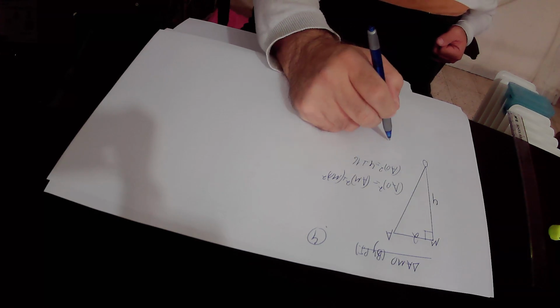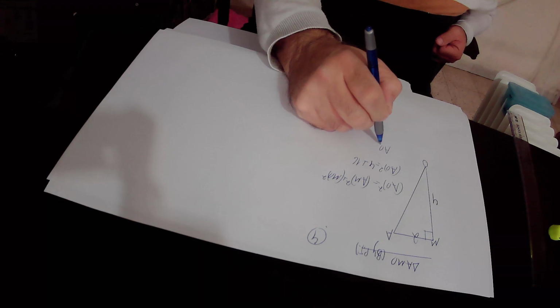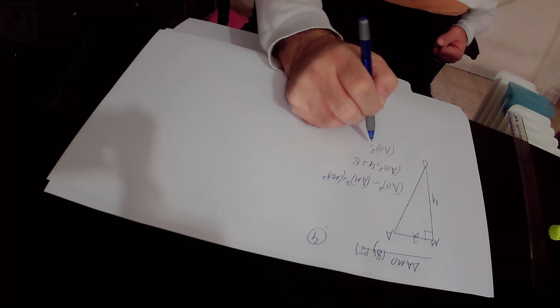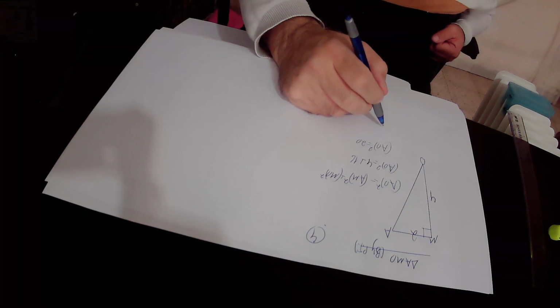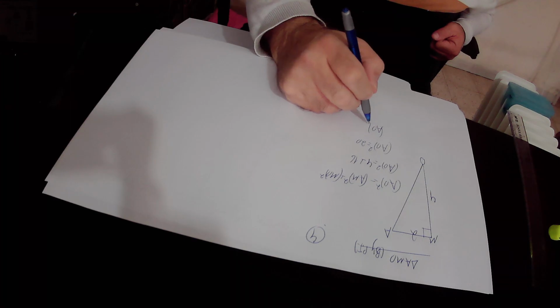In conclusion, we found that AO squared equals 4 plus 16, that is 20. We take the square root of this equation, and you get that AO equals the square root of 20 units.